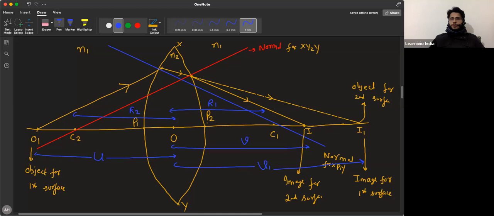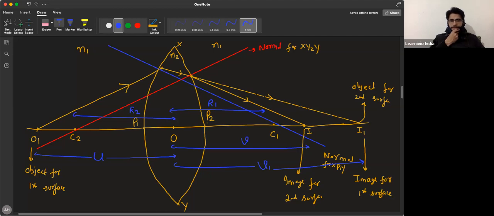What topic are you doing in school? Wave optics, diffraction. So interference is over. Yes, sir. Today only we finished interference. Sure. Because interference is very time consuming.